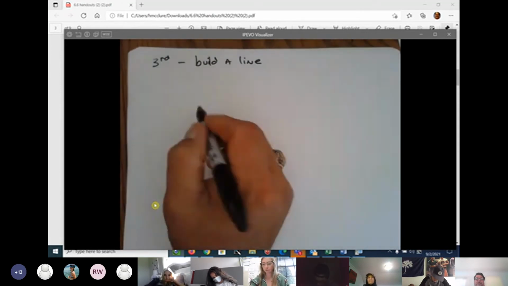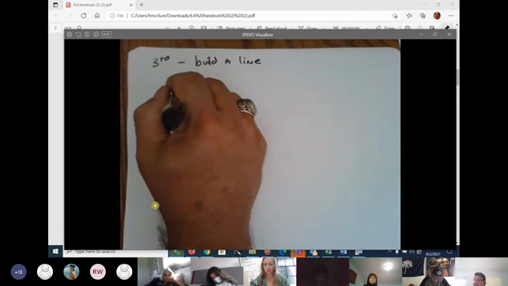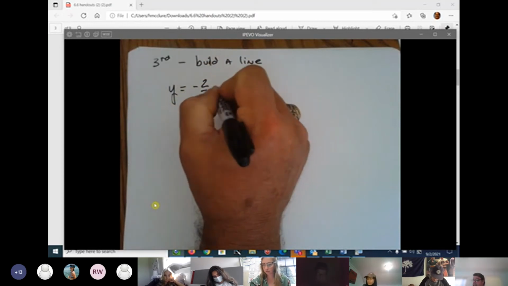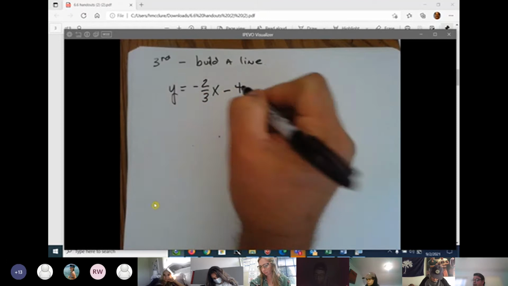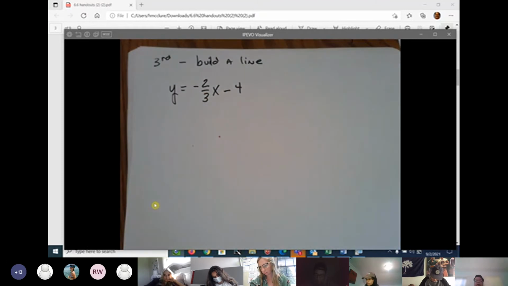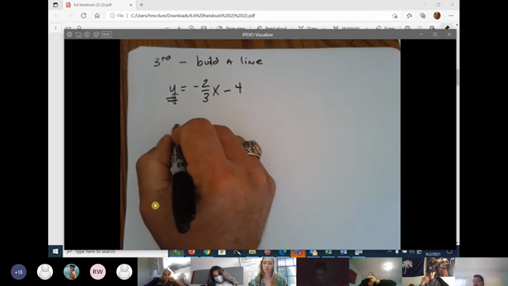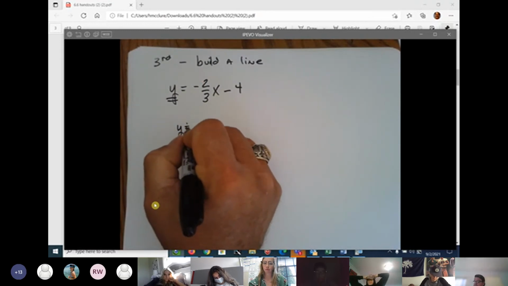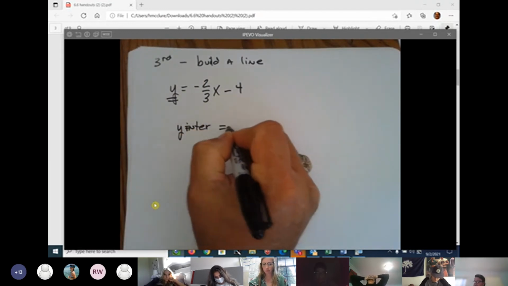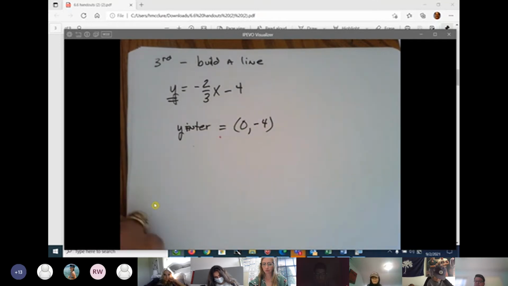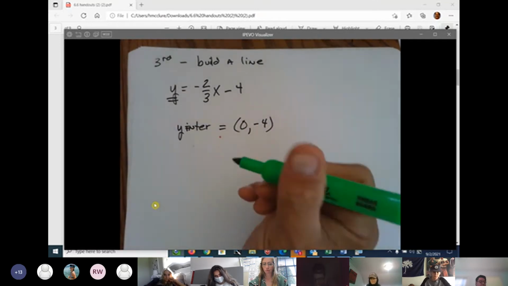In this case, y is equal to negative 2/3 x minus 4. Y is by itself, and your y-intercept is equal to (0, negative 4). So we pulled that out right here.